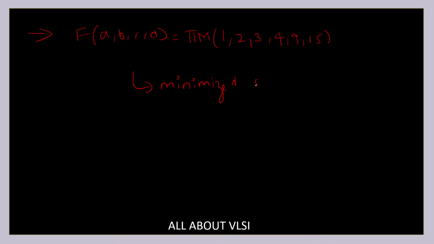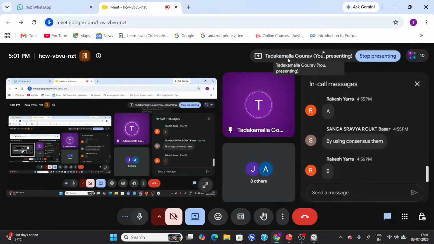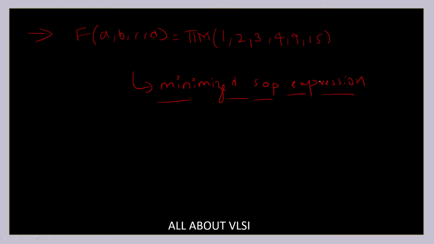Try to solve this and let me know the solution in our next session. In our next session also, I have some more problems related to K-maps only, so let's try to do these problems related to K-map and let's complete this.